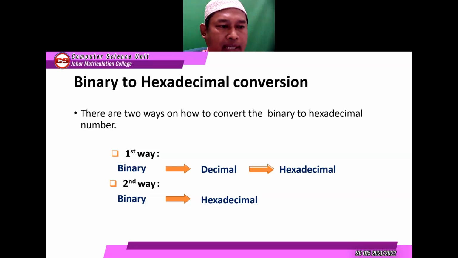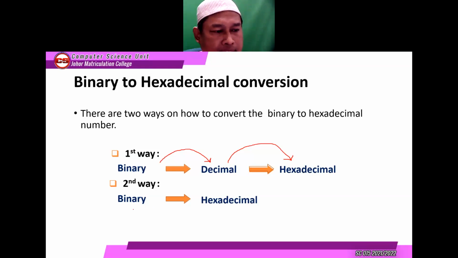First way, you can convert from binary number to decimal numbers, and then from decimal numbers to hexadecimal numbers. You must convert to decimal numbers first. This is the first way to convert binary to hexadecimal numbers.